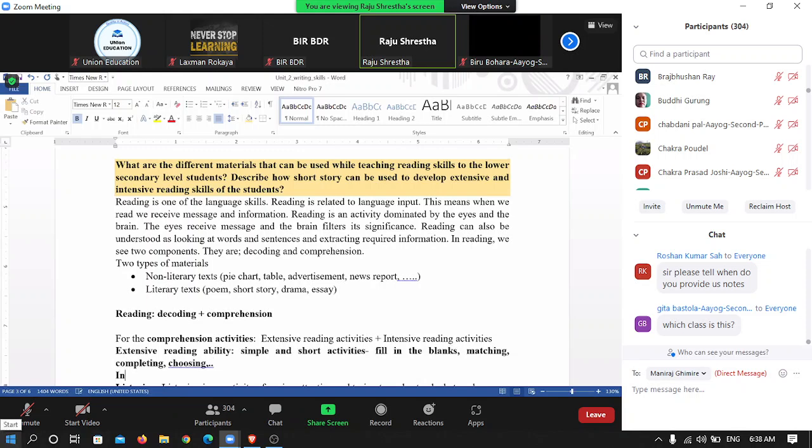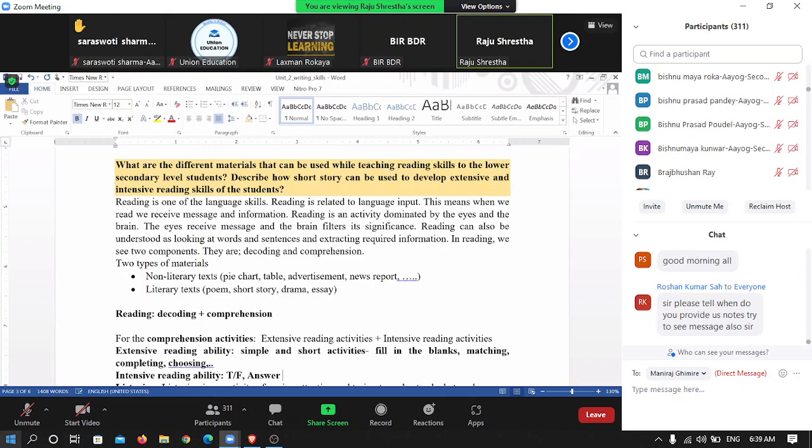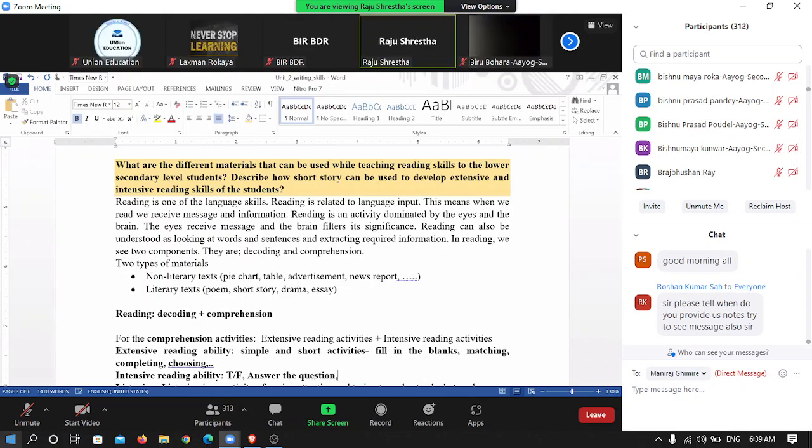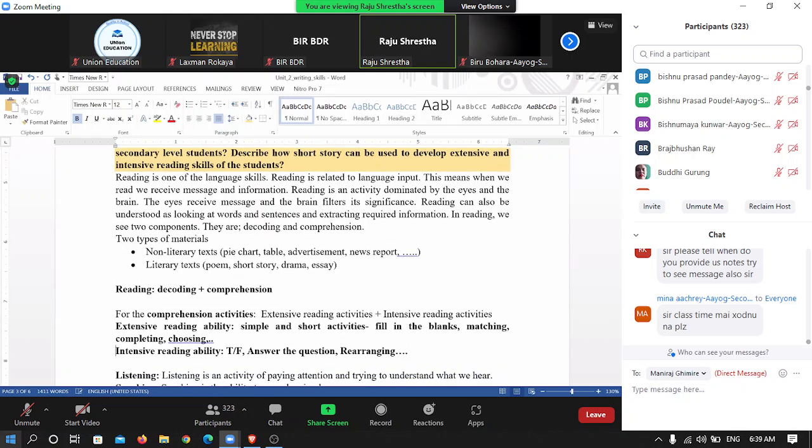And to develop intensive reading ability of the students, we can use true-false type exercises, answer the question type of activity. Then we can use rearranging type, where example sentences are given, and they read the text and rearrange it. This kind of little bit higher order activity requires detailed, in-depth understanding of information.